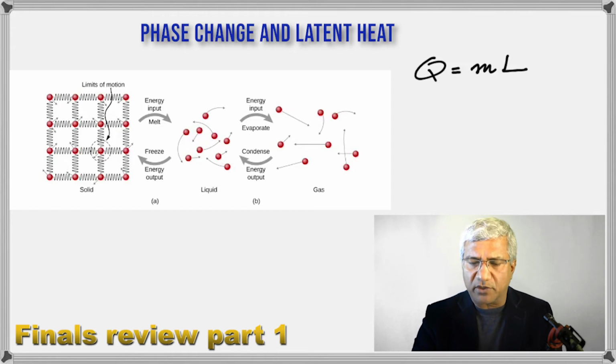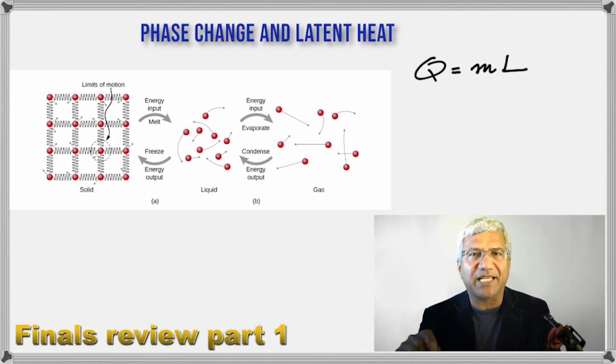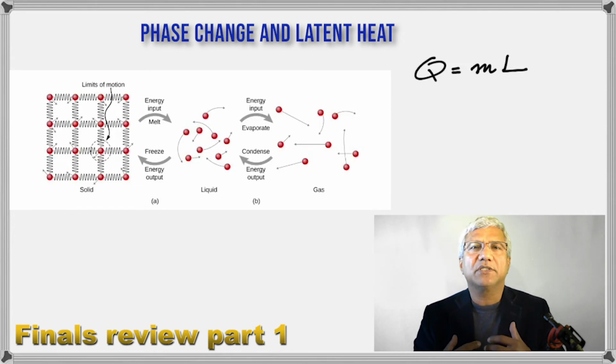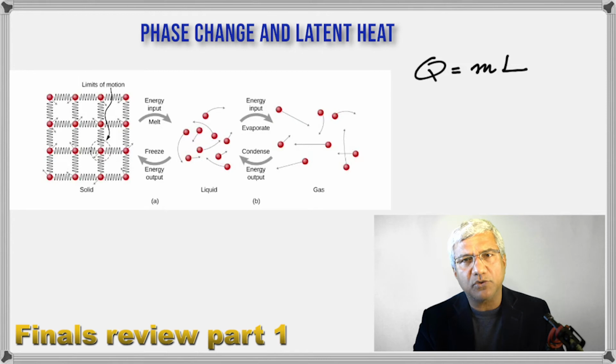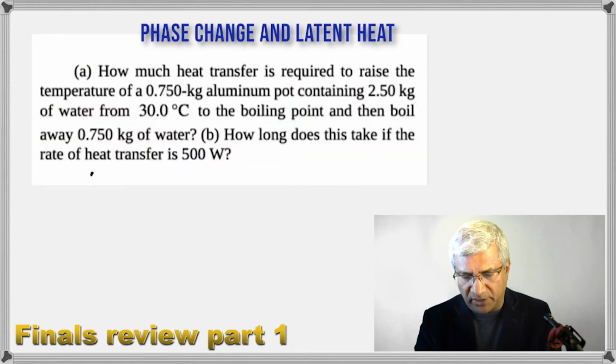So to get the quantity of heat required in a phase change, just multiply the latent heat with the mass. If the latent heat is given in joules per kilogram, then the mass has to be in kilograms. Just be careful about that. In joules per kilogram, the latent heat of ice is big. It's 3.3 times 10 to the power 5 joules per kilogram of ice. You need not cram it. It's good to know the numbers.